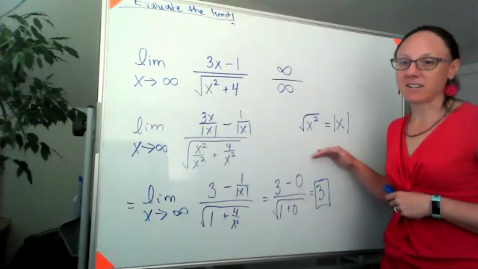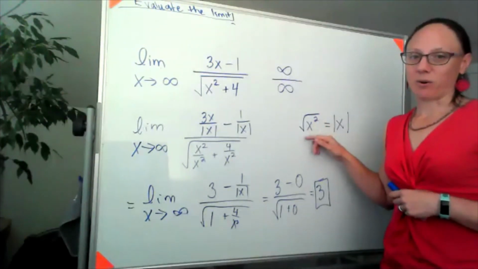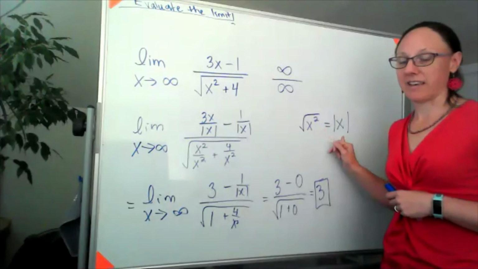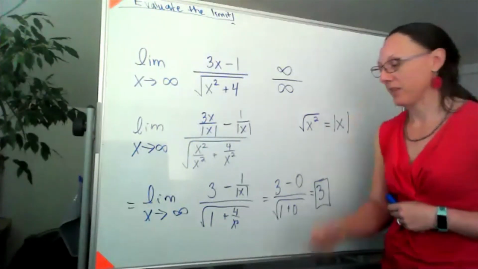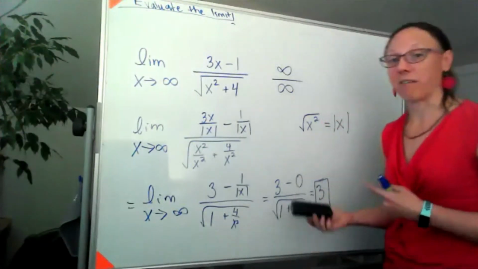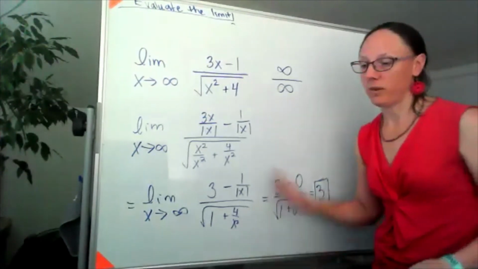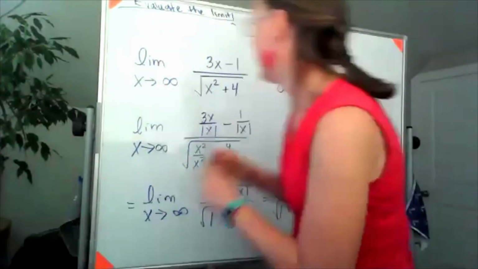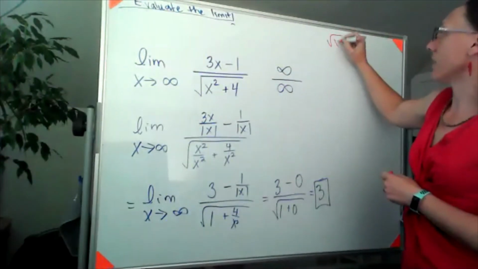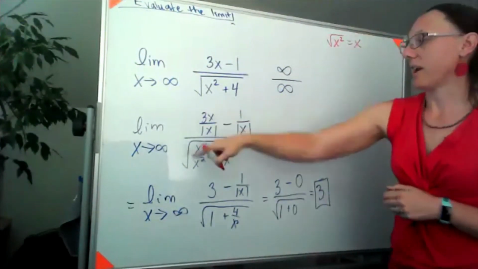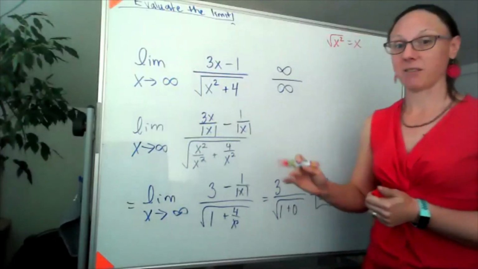Now, the fact that the square root of x squared is equal to the absolute value of x, that's what means we have two separate asymptotes when we come back in here to take the limit as x approaches negative infinity.